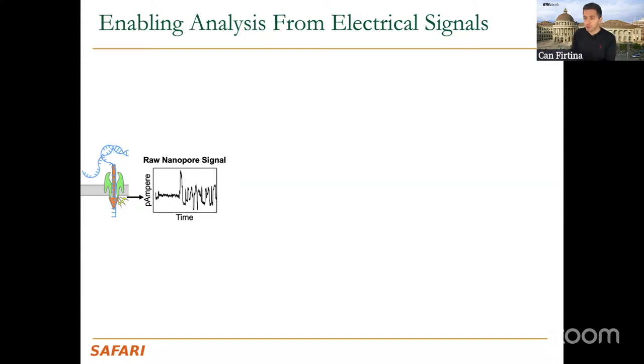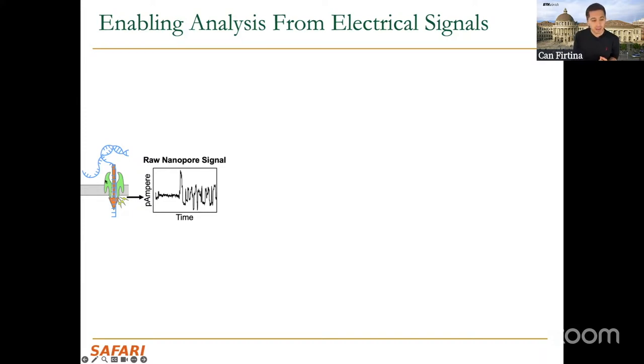And how do we enable analysis from electrical signals? There are several ways, but I'll try to explain the common steps that are used in these works. So we first go a little bit deeper and say that the ionic current flow over there is not disrupted just because of the presence of a single nucleotide.